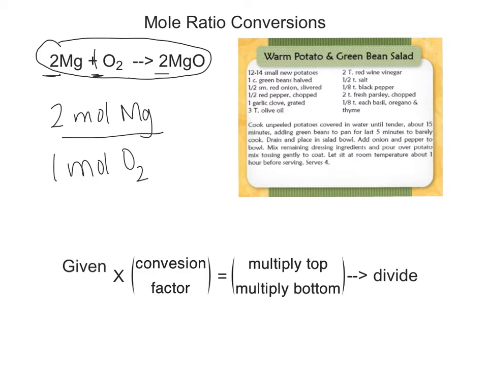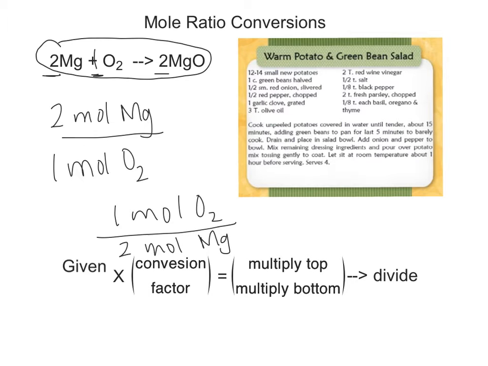That's 1 mole ratio. Or we can actually flip it. We can say that 1 mole of oxygen gas is to 2 moles of magnesium. So those are just examples of mole ratios.